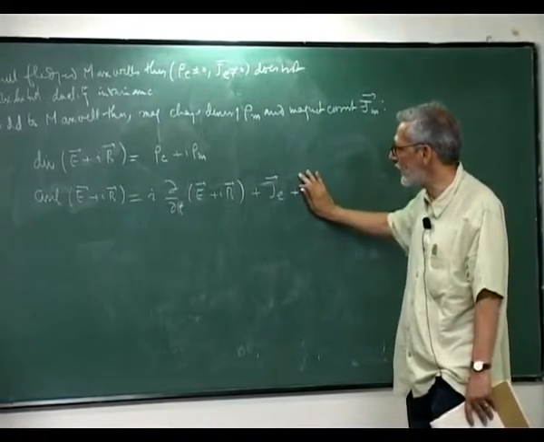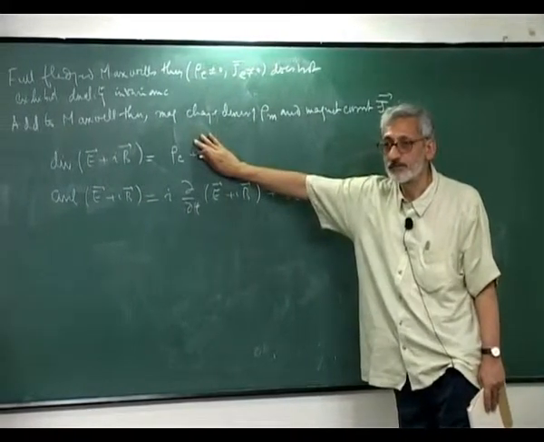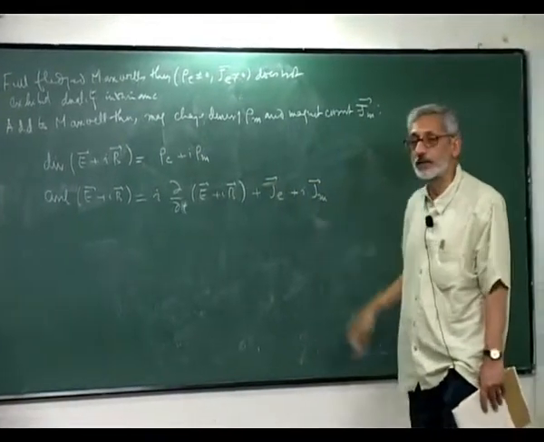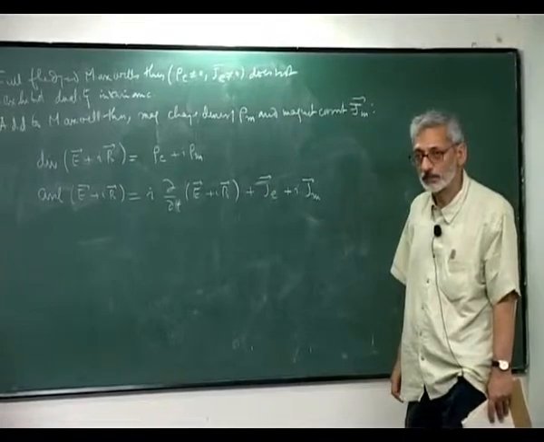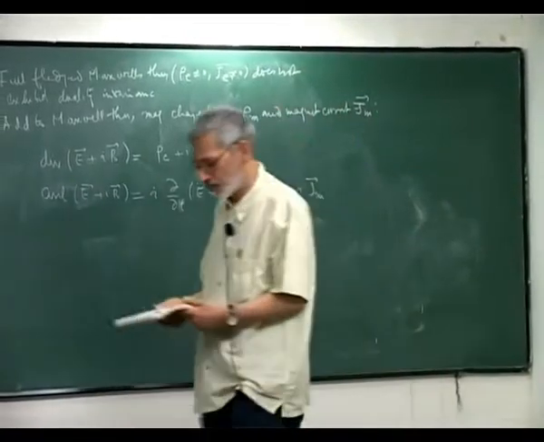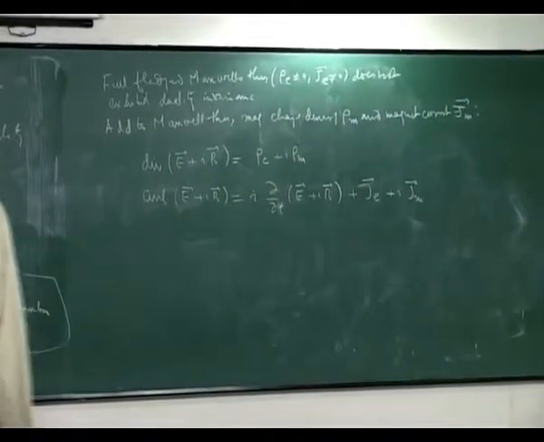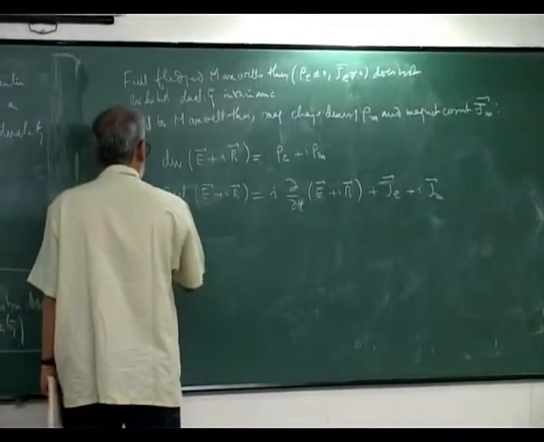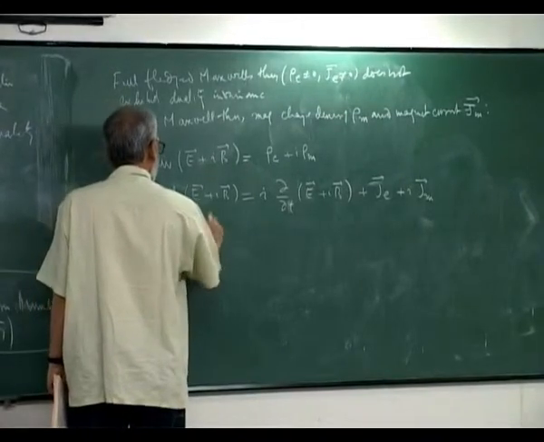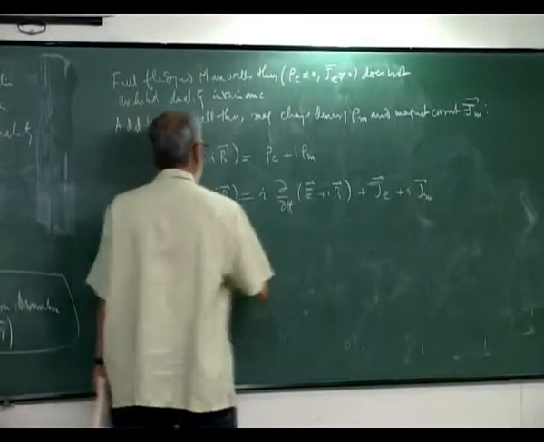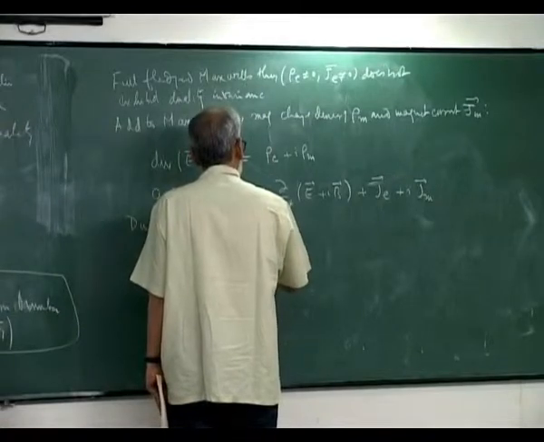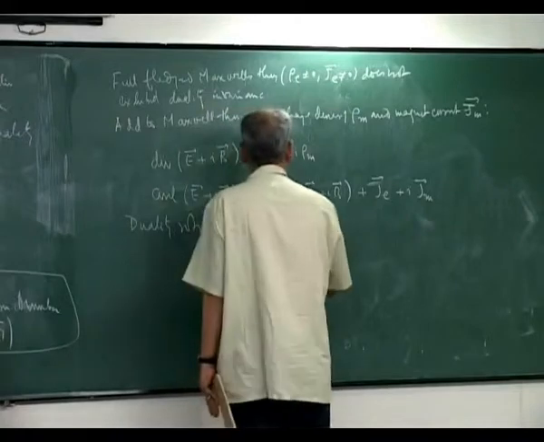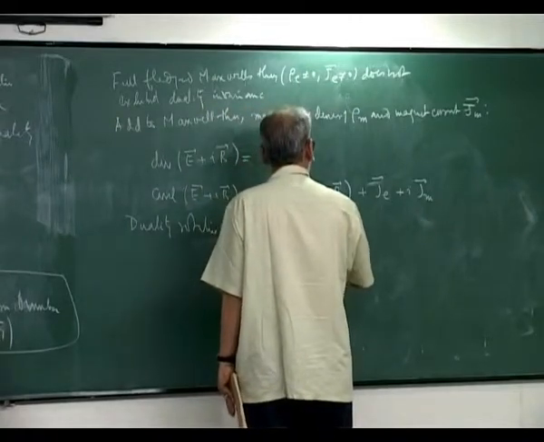Maxwell's theory is with this 0 and this 0. There is no magnetic charge density and there is no magnetic current. And clearly these equations are covariant under duality rotation.